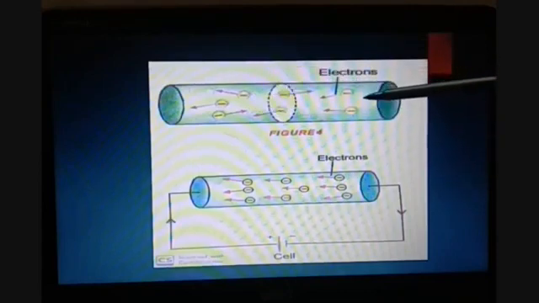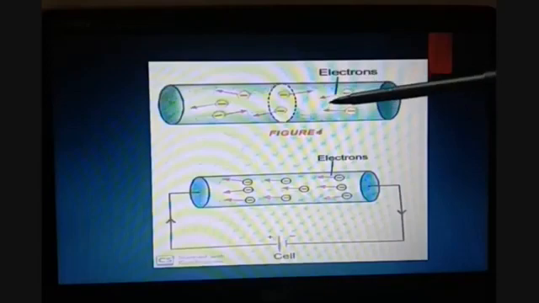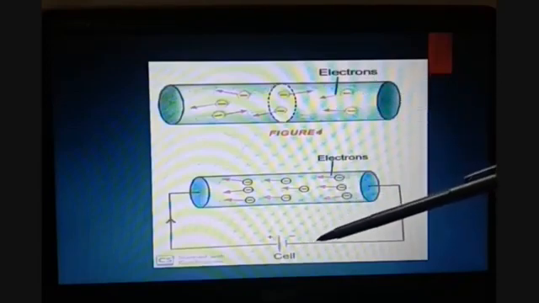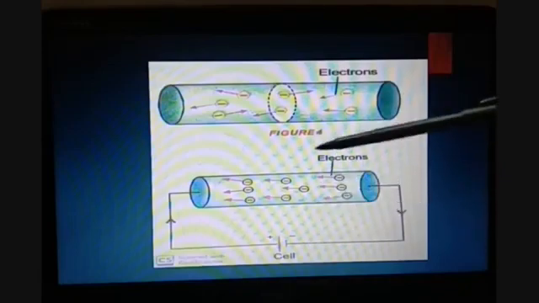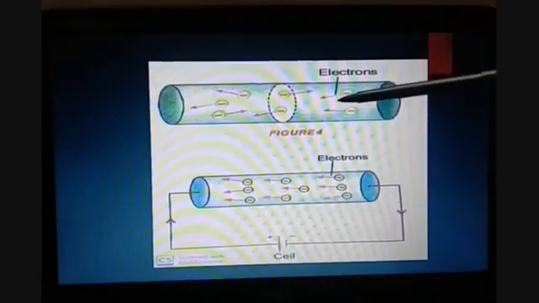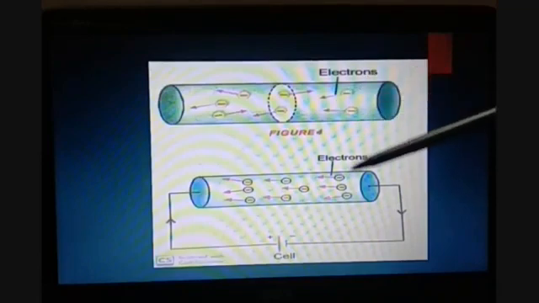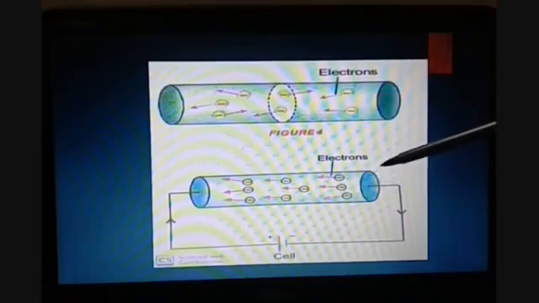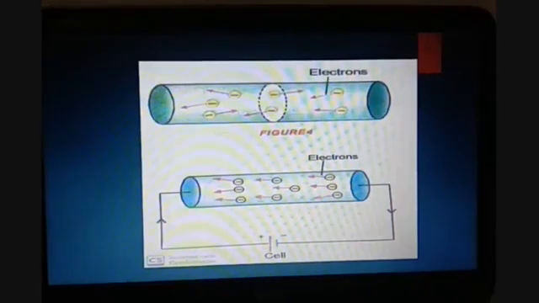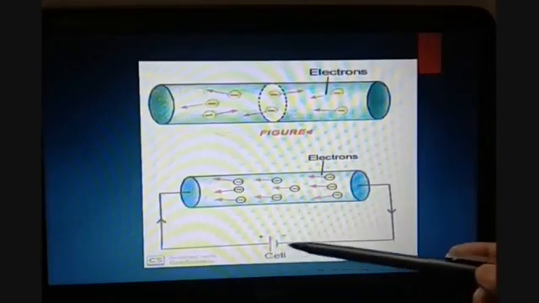As soon as this conductor is connected across a battery or a cell, these electrons start moving in a particular direction, because an electric field is generated in the conductor and the electrons try to move in its direction, as the random motion is minimized by the effect of the cell.